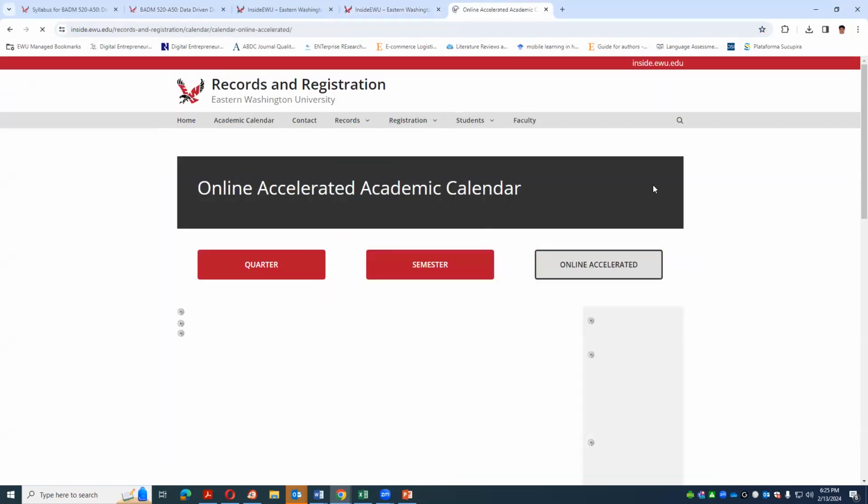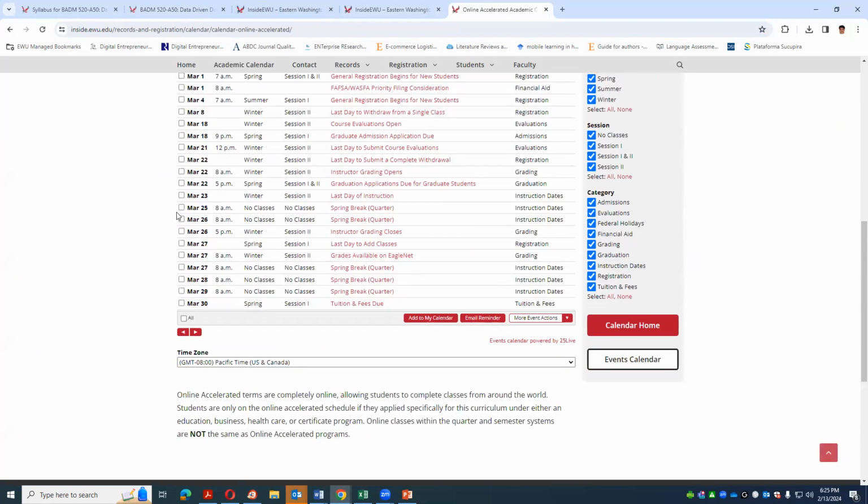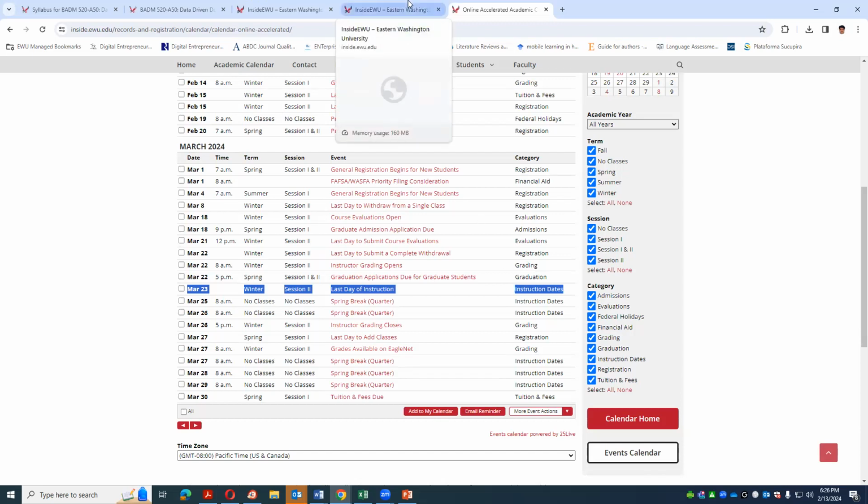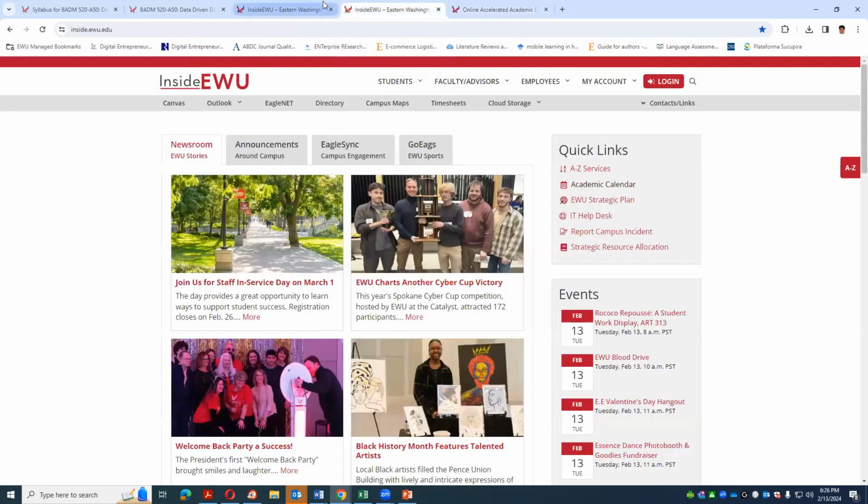And here you go, this is the last day. So nothing will be considered after 23rd of March. So please put this date in your diary, in your calendar.